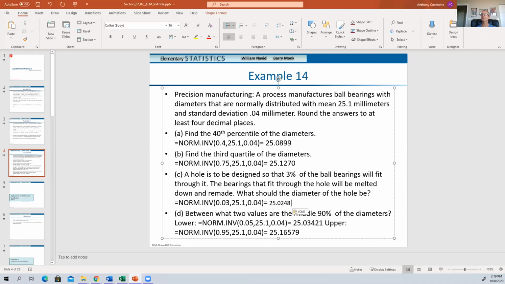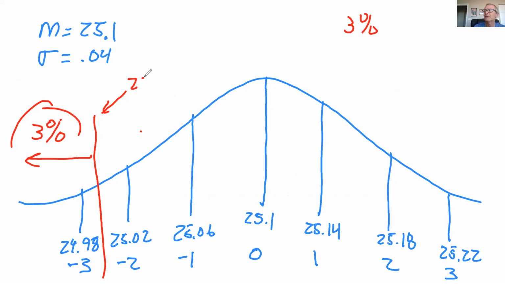So last thing I want to do is go back to the graph and show you that if we had that point there, that would be a diameter of 25.16579. Nope, I wrote the wrong number. Try again. So if you read the right number that I have here, it would be 25.0248.